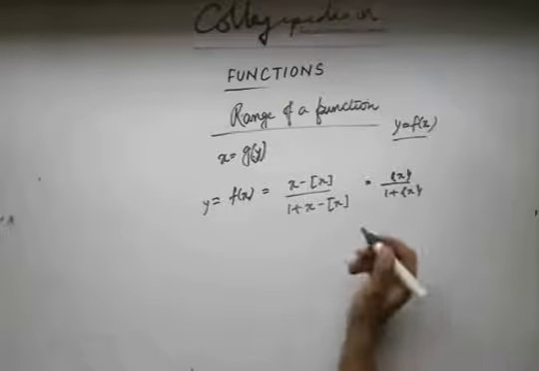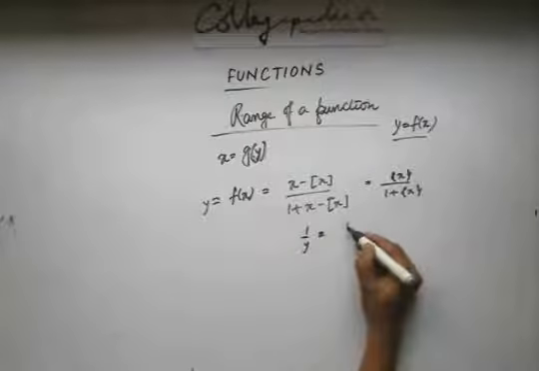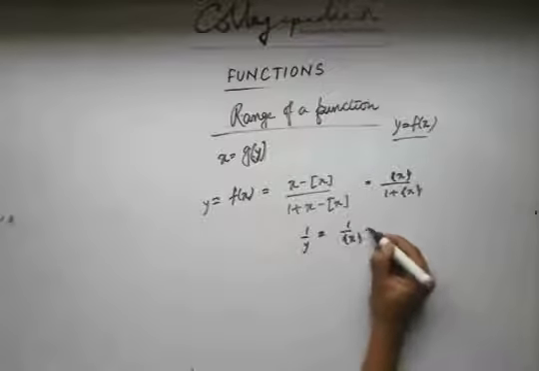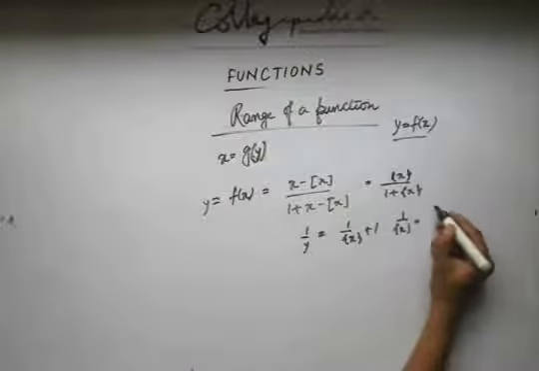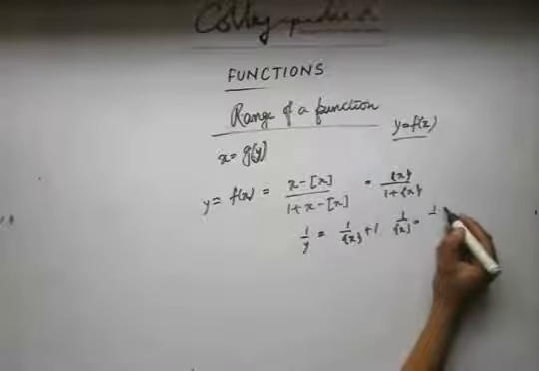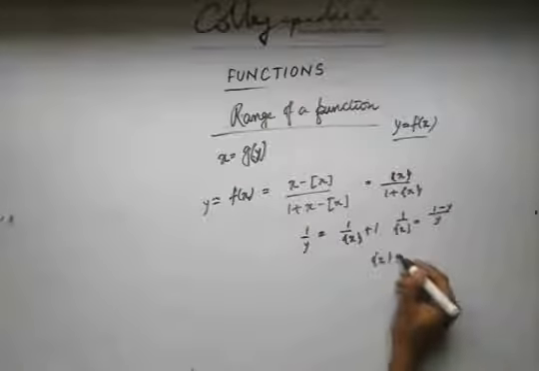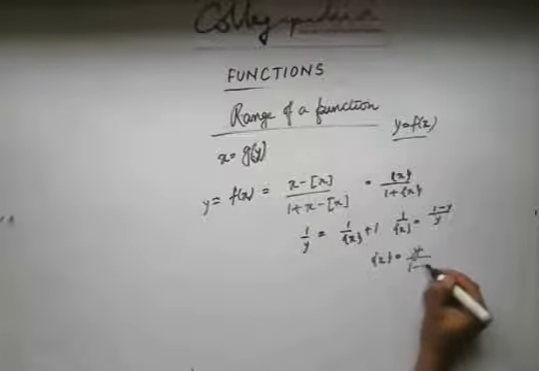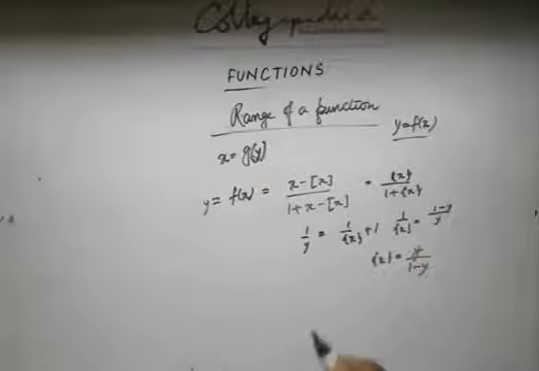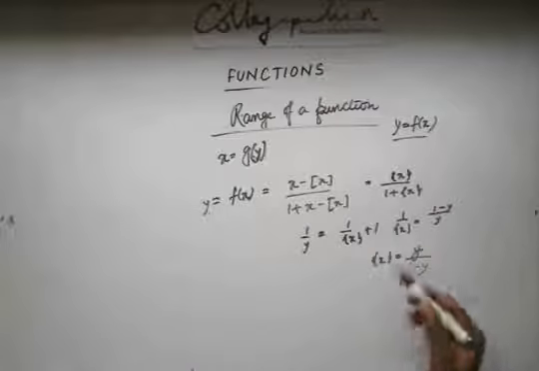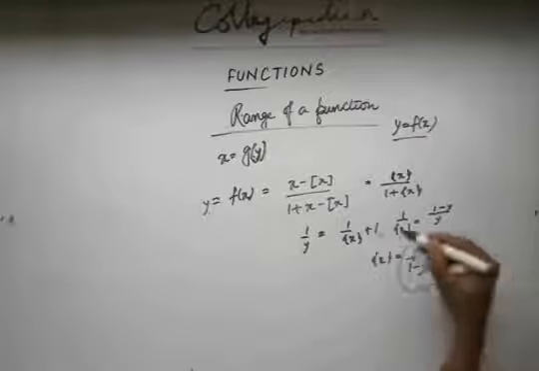Now let's follow the same strategy. 1 by y is what? 1 by y will be 1 by plus 1, or I can write 1 by fractional part of y as this, or fractional part of y is 1 minus y. So I had been given y in terms of x, I have somehow represented x in terms of y. Now I need to find out what all values y can take.